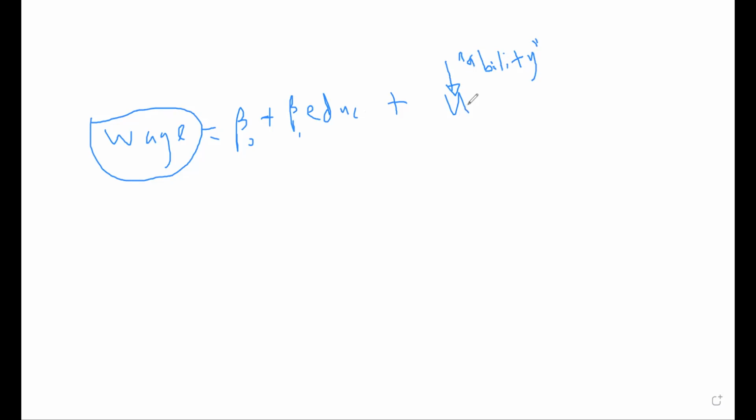Now I'm saying that my regressor is related to the error term. Why? Because ability affects education. If you have high ability, you can get a degree in statistics, get a master's degree, get a PhD. So once ability is in the error term, then the covariance between a regressor and my error term is not 0.